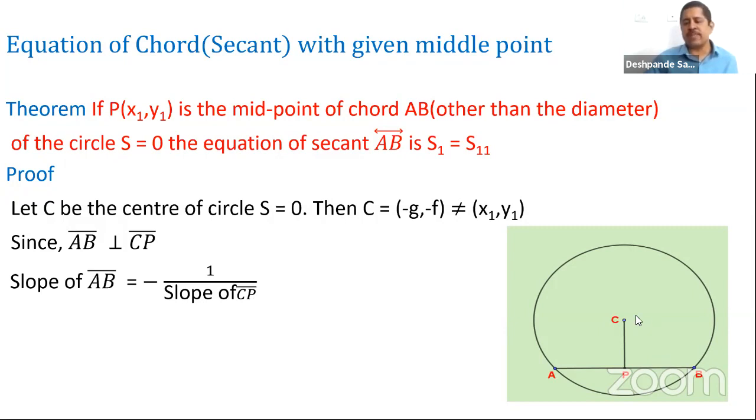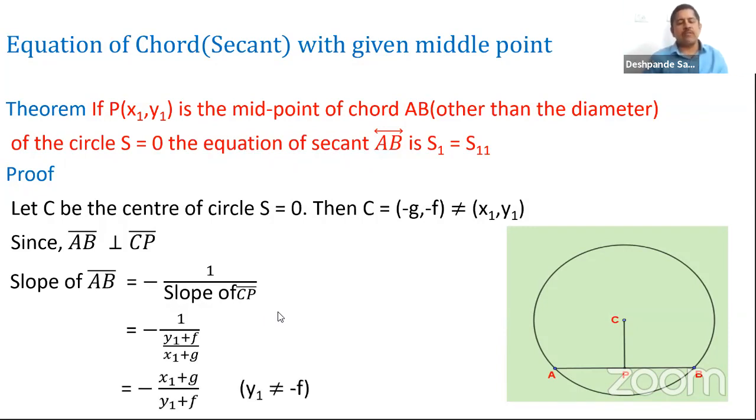So what is the slope of CP? 2 points are given. C is given as (-g, -f). P is given as (x1, y1). So you can use the formula (y minus y1) by (x minus x1), or (y1 minus y2) by (x1 minus x2) here. You get minus 1 by, now y1 minus of minus f, so y1 plus f, x1 minus of minus g, so it is x1 plus g. So we can bring this x1 plus g to the numerator.